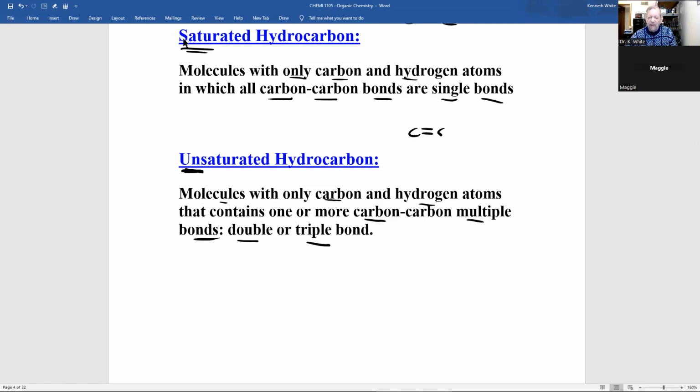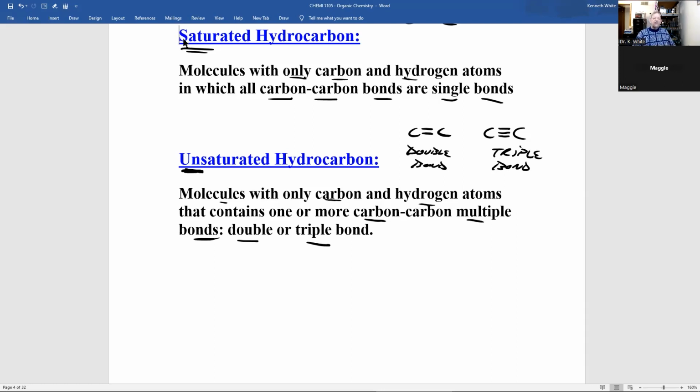We show a double bond by two lines between two carbons. Each line is a pair of electrons, and a triple bond, three pairs of electrons.